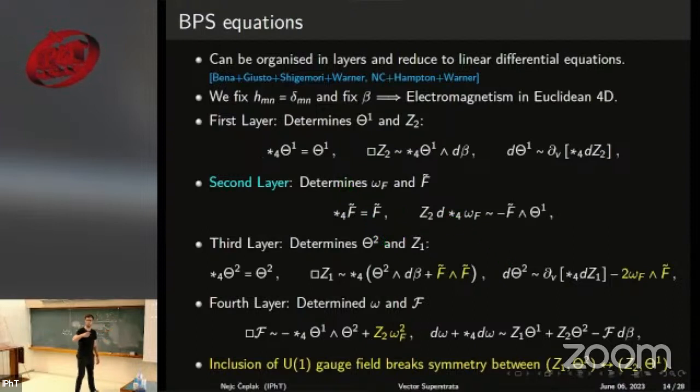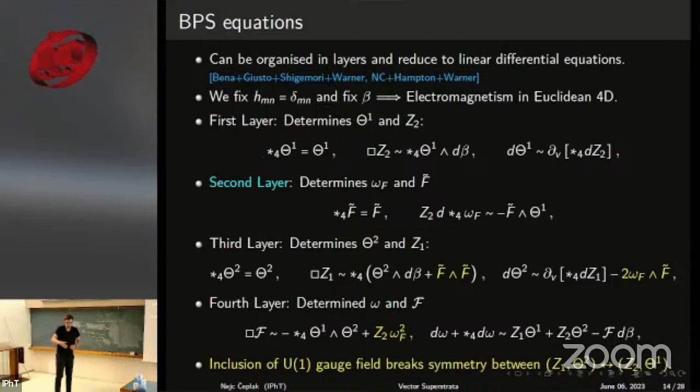Once you find the solution to these equations, you find the back reaction, which gives you a gauge field, and the back reaction of this gauge field then influences how momentum and angular momentum in this geometry are distributed.